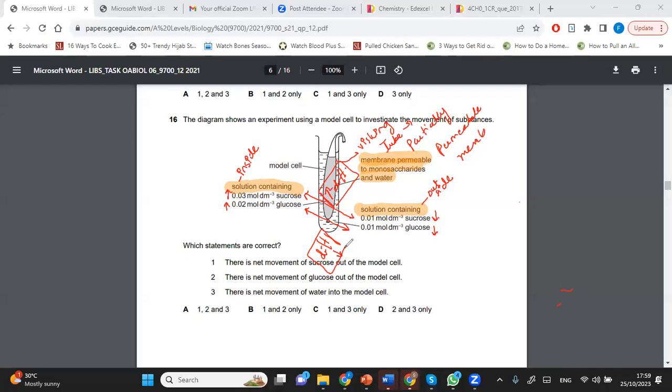Anybody? Khadija, Aruj, any idea why sucrose is not going to move out of the cell? It should move out of the cell because of diffusion, but it won't. Why?